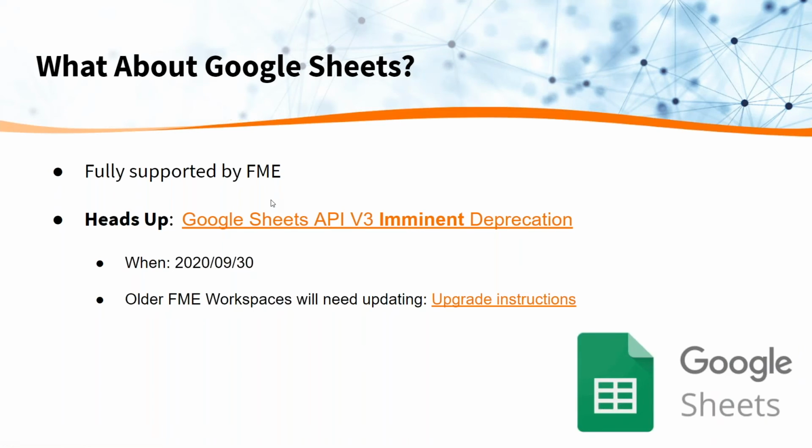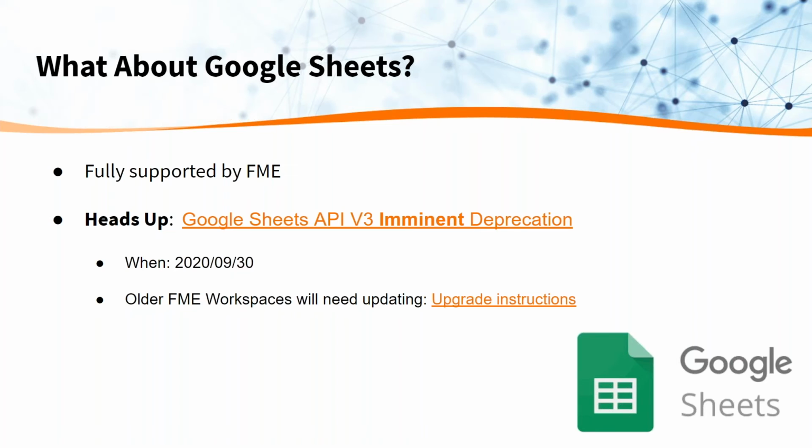Google Sheets. So what about Google Sheets? Fully supported by FME, so obviously very closely related to Excel. And just a heads up to those people that are using Google Sheets is that their API version 3 is in imminent deprecation and is going to close down at the end of this month.